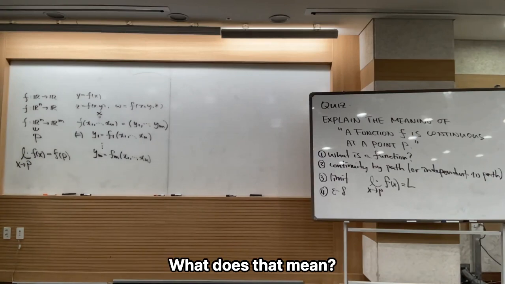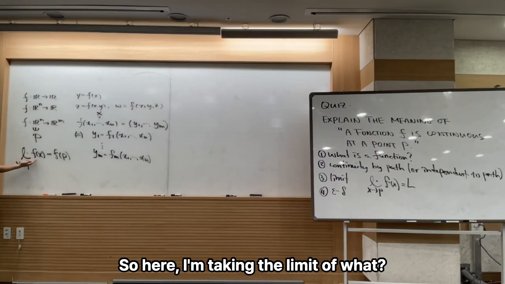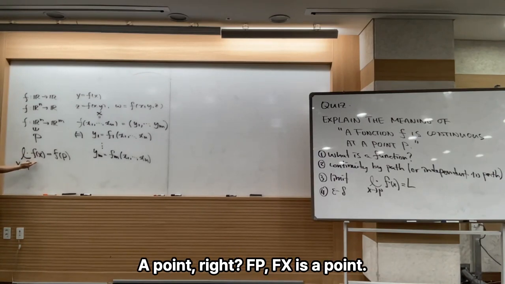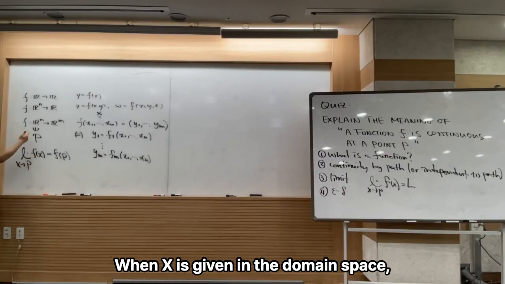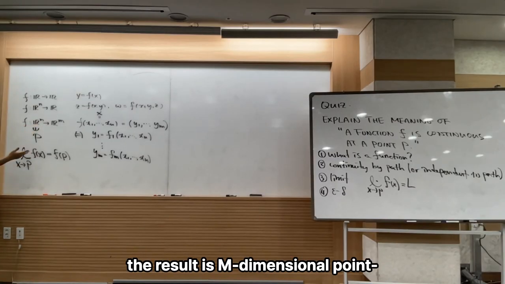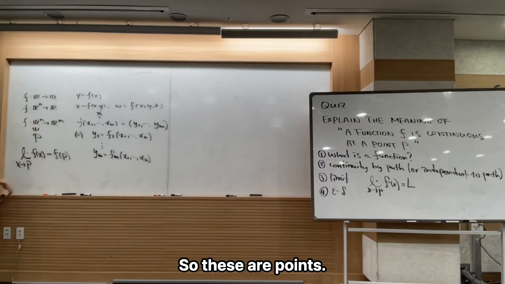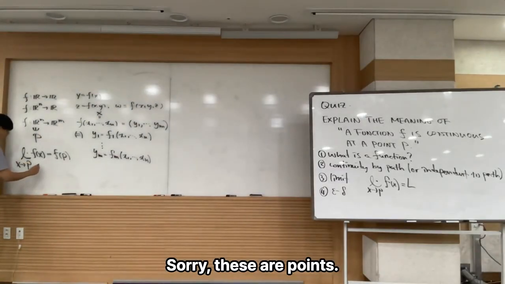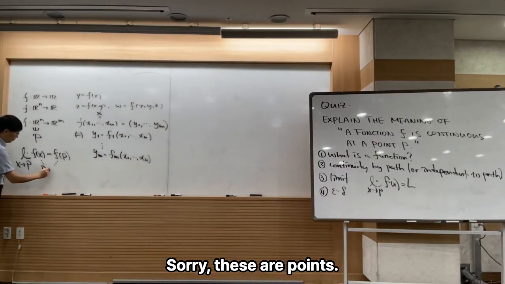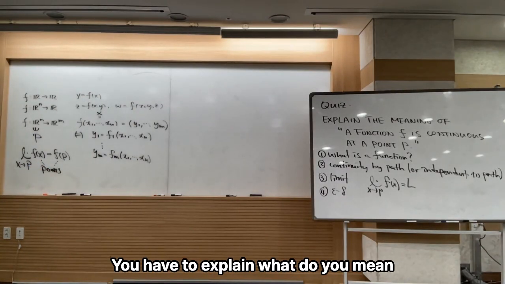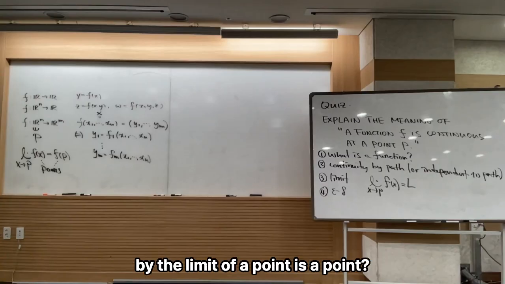What does that mean? Here I'm taking the limit of what? A point, right? f(X) is a point. When X is given in the domain space, the result is an m-dimensional point. So these are points. You have to explain what you mean by the limit of a point being a point.